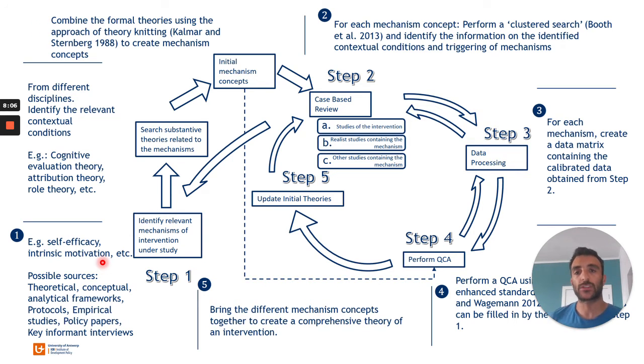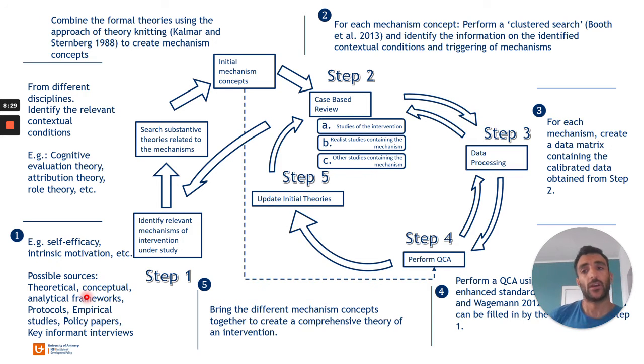And so very quickly, what is crucial here are the initial mechanism concepts, which are also the outcome or update of initial theories, which are initial mechanism concepts. So basically, when we do a ResQ approach study, we start by identifying the relevant mechanisms of the intervention under study, right? So they come from different sources, theoretical, conceptual, and analytical frameworks.